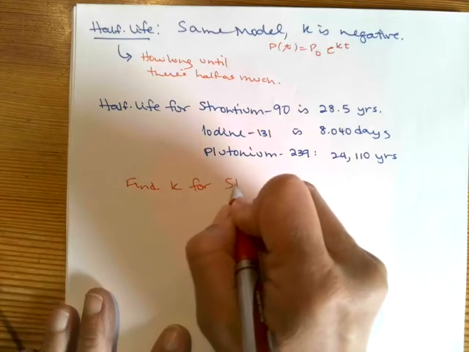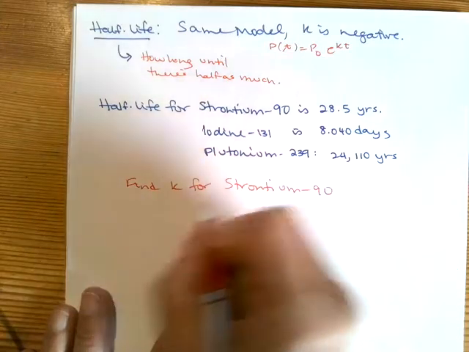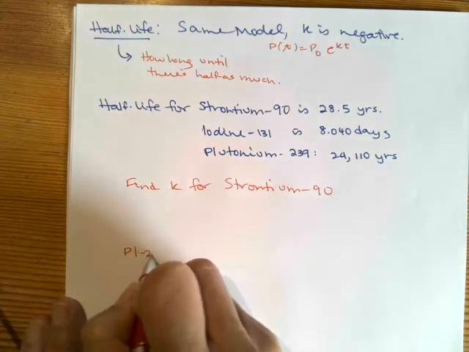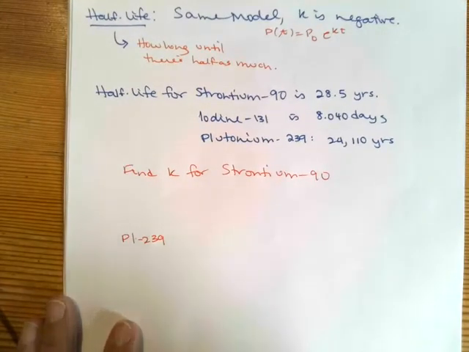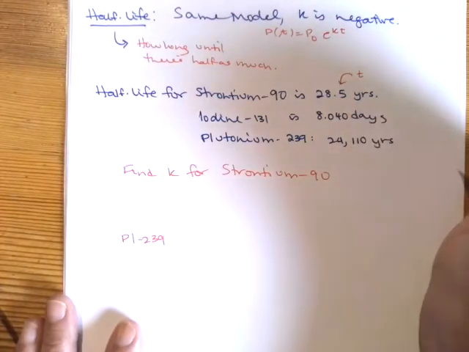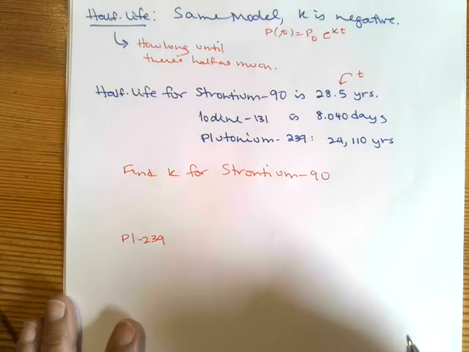So let's find it for strontium-90 and for plutonium-239. So we know the half-life. We know how long it takes to get to half as much. So these are the t values for when P of t equals half of P naught.